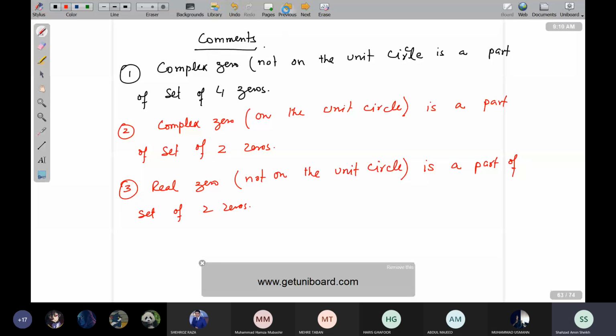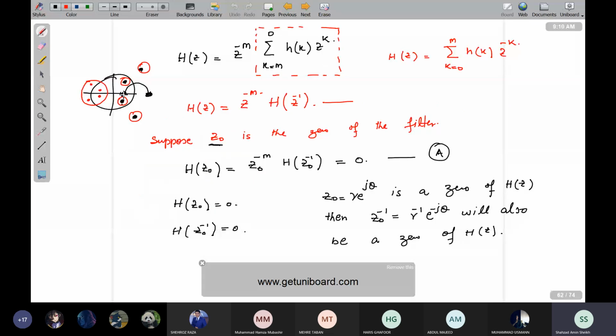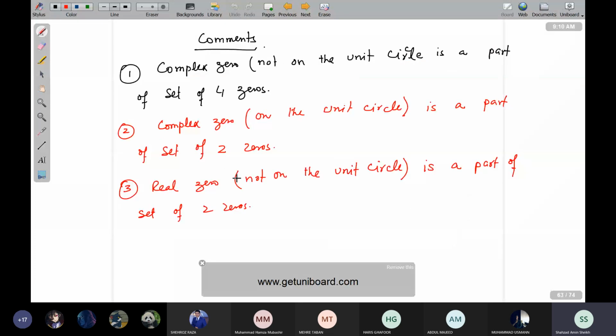How? Because if we have this zero, which is a real, not on the unit circle, it will be having a reciprocal, the zero will be located at the reciprocal location as well. If we have zero here, there will be zero here on the reciprocal location. ठीक है? So this will be coming as a part of two zeros.